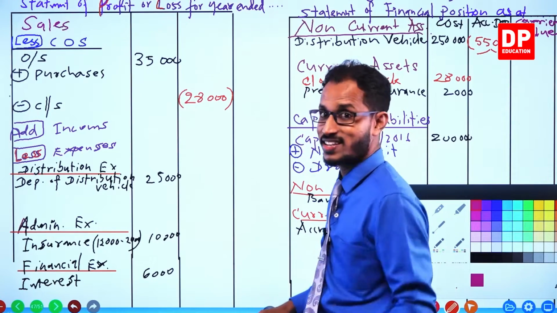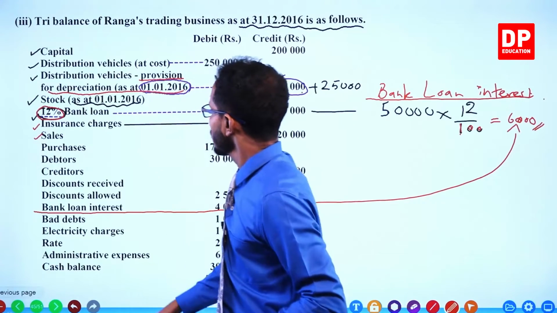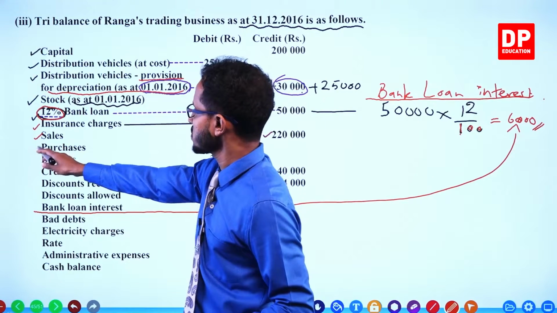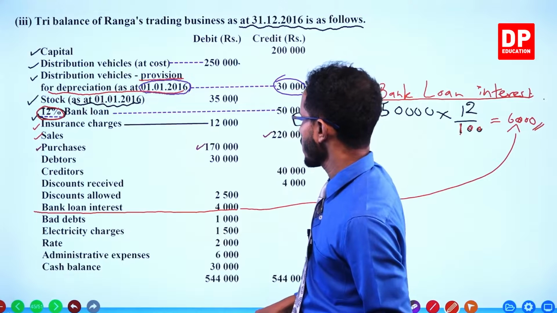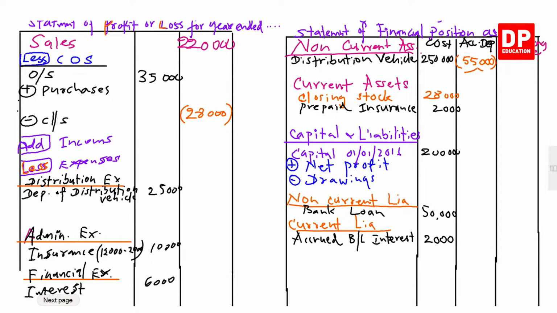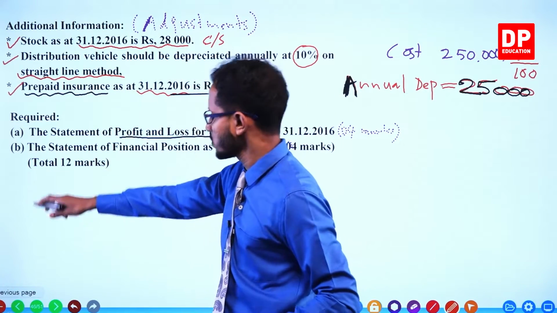You should know where it is. Sales 220,000. Done. Okay. Purchases 170,000. Done. Ticked.